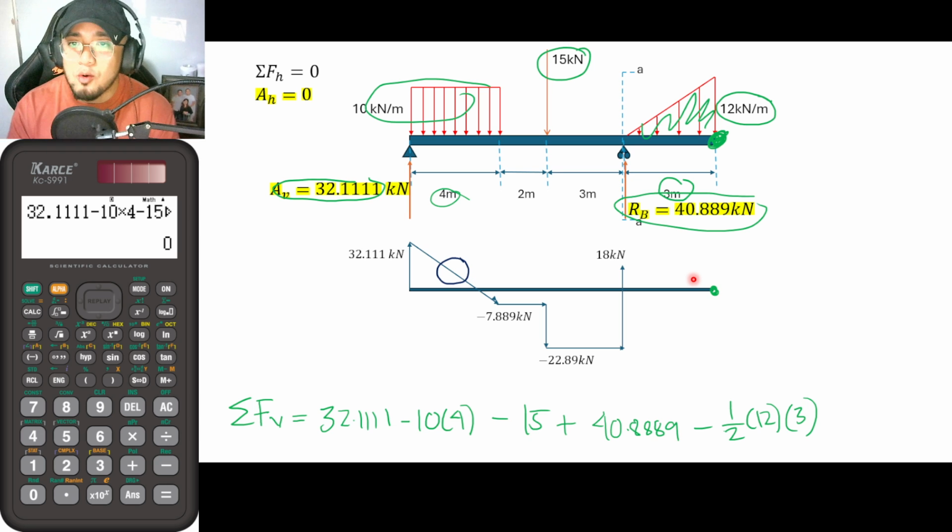Rather, it is now curved. Okay? So the next thing is that we do not know yet the direction of the curve. Meaning, I'm not sure if the curve will be like this, or if the curve will be like this. Okay, so I'm not sure if it is a crest curve or a sag curve.